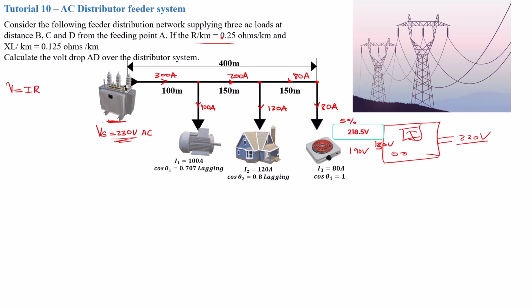The problem statement says that there is about 0.25 ohm per kilometer and 0.125 ohm of inductive reactance. Why? Because these are cables, so they will have both these parameters, resistance and inductance, within them. This is basically what you need, all the ingredients, and you will be able to determine the voltage drop on each one of these sections.